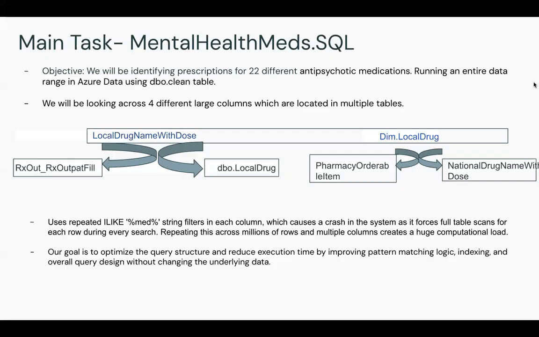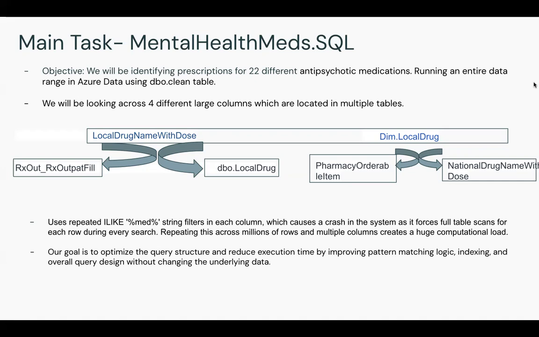are listed here. The current challenge with this assignment is that the existing code uses repeated med filters across each column, and these approaches force full table scans on every row for every term, which leads to server crashes when applied to the full data set, and it causes millions of columns being created and a big computational load.